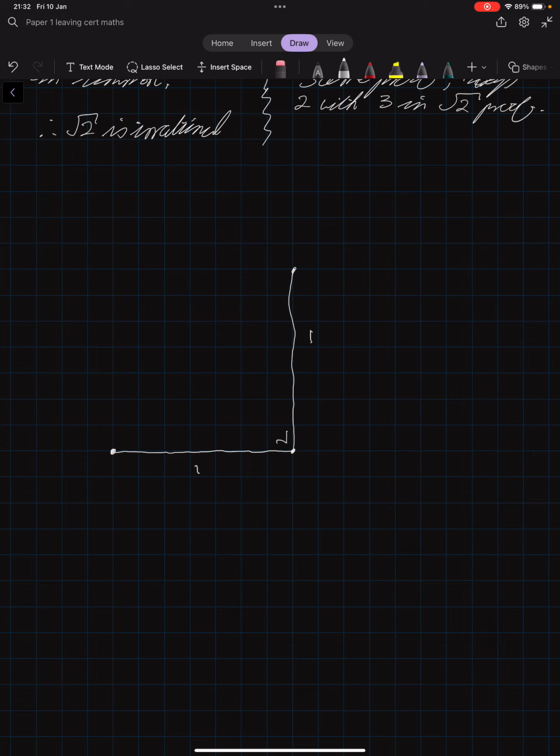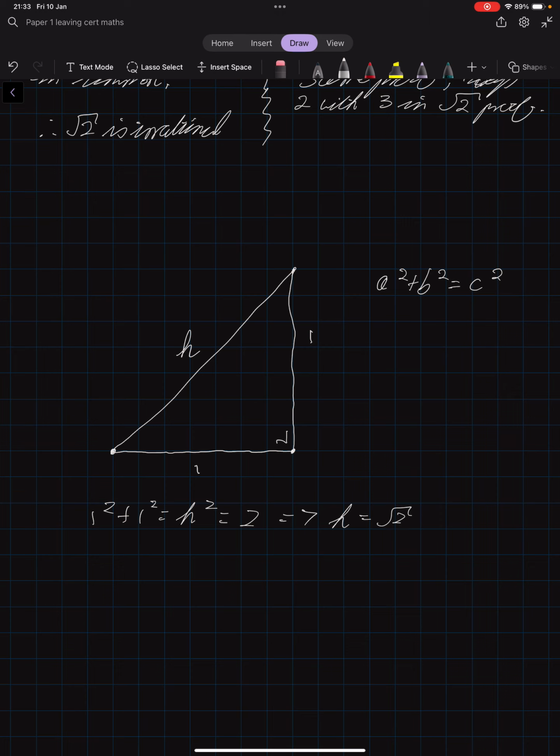This is also 1. And remembering Pythagoras, call this h. We get that 1 squared plus 1 squared equals h squared. 1 squared plus 1 squared is just 2. And this means that h equals root 2.